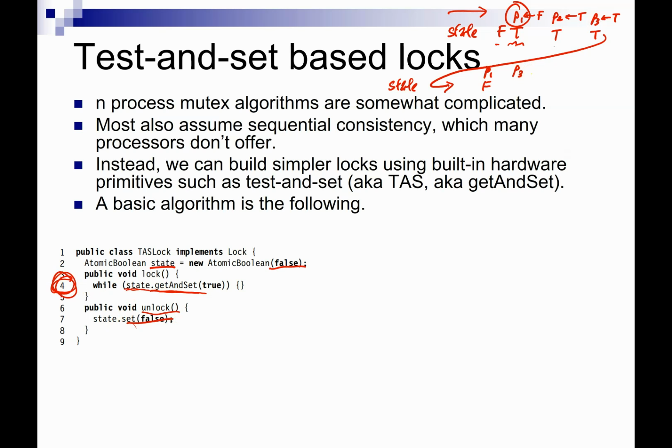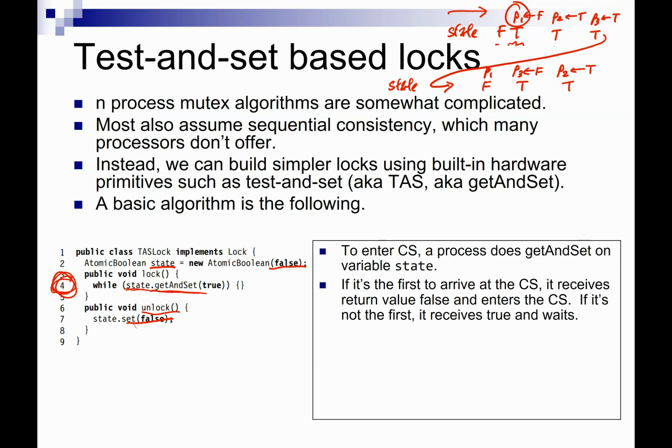P2 and P3 are both spinning at line 4, and P3 happened to spin a bit faster and took the next step. So he would see that state is now false, and P3 gets to go into the critical section. But when he does that, he's going to set state to be true, and now P2 does his get and set and sees state being true again. So P2 would have to keep waiting.